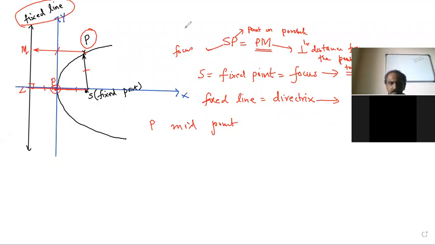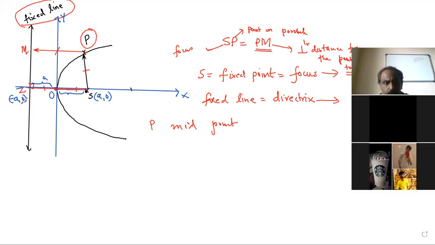Let's take this distance as a, from origin to the focus. So if this distance is a, this comes a comma 0 because this is the origin. So this also will be a, but towards the negative direction. So Z coordinate will be minus a comma 0. Has everybody agreed with this?